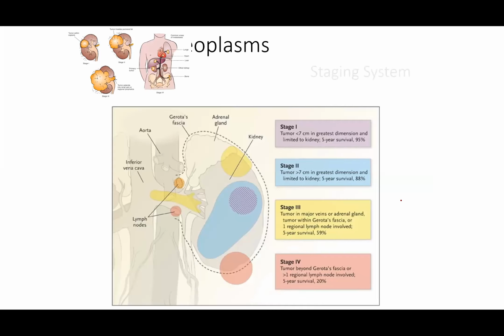Okay, neoplasms or new growth of tissue. There are different stages, from stage 1 to stage 4, and it does depend on the location and the stage. Stage 2 tends to be the greatest in dimension.